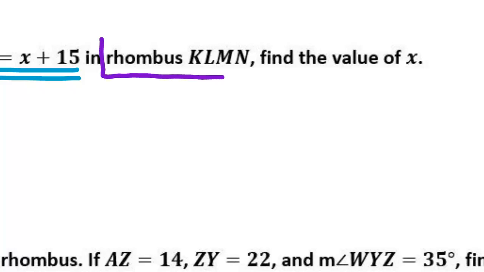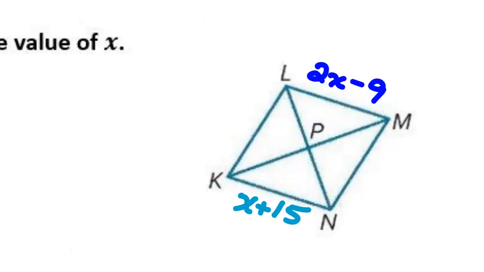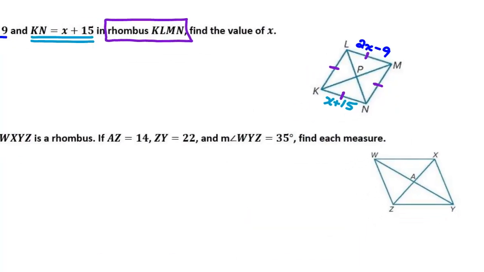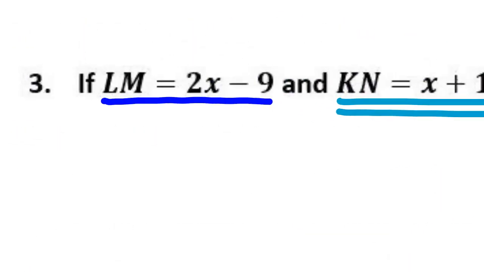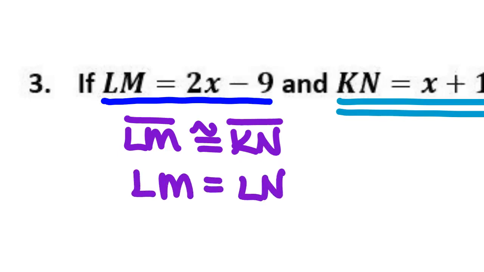It says that KLMN is a rhombus. What do we know about the sides of a rhombus? All sides are congruent. So LK is congruent to LM, is congruent to MN, is congruent to KN. So LM and KN are congruent, which means their measurements are equal.